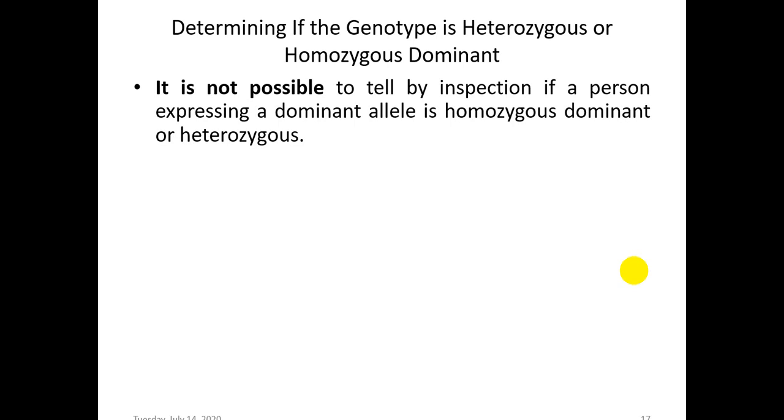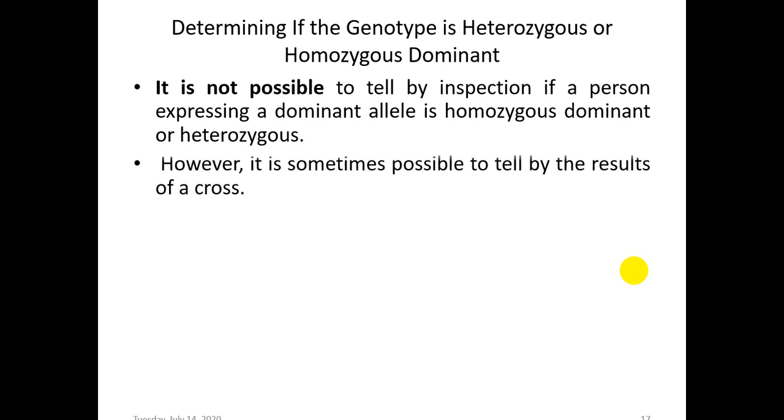Although freckle is dominant, yes, he got the dominant trait, freckle. Is he pure? Of course, he can't be recessive. He can't be small f. But the possibility is either capital F capital F, or capital F small f. Can you tell by examining him? The answer is no. Maybe go to his offspring, right?